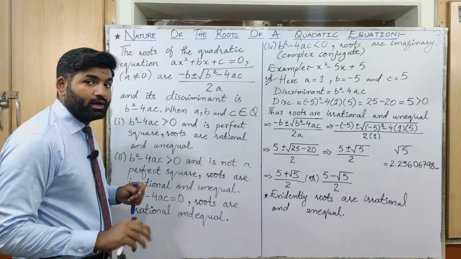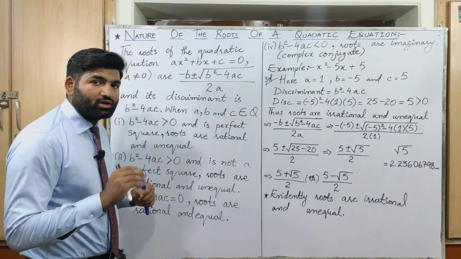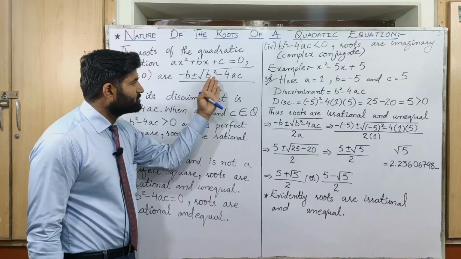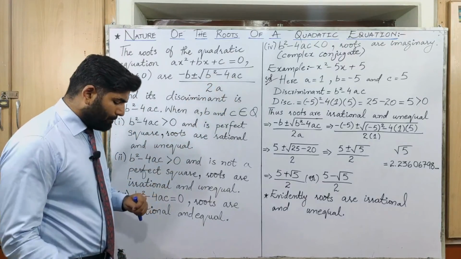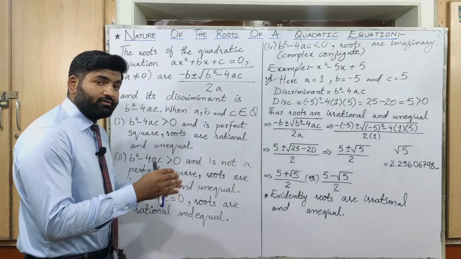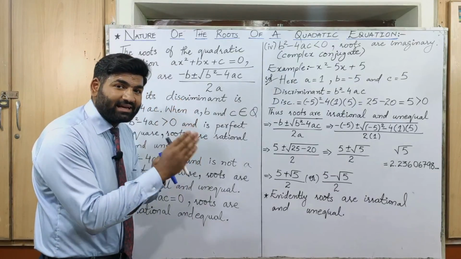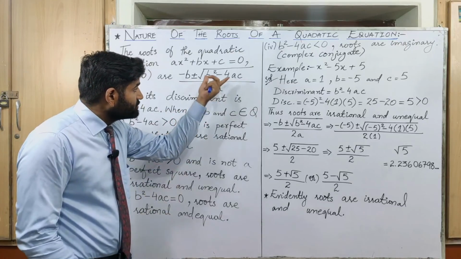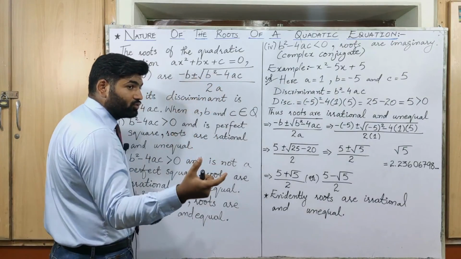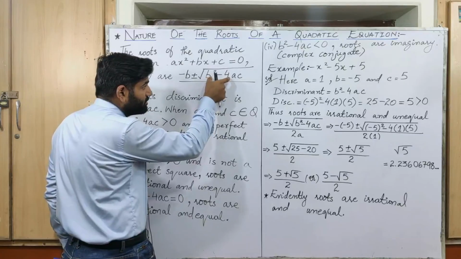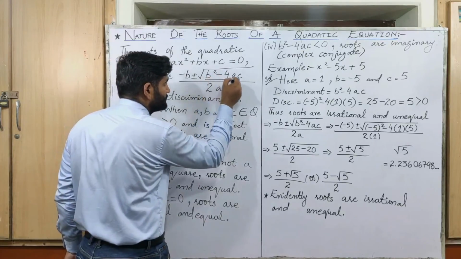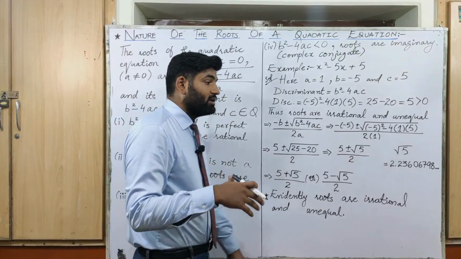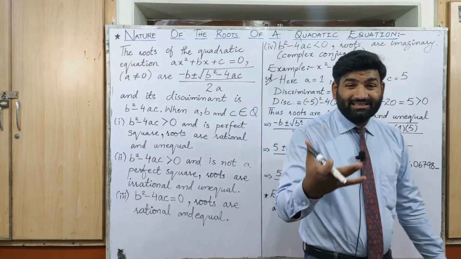If you remember, we find the roots of a quadratic equation using the quadratic formula, minus b plus minus under root b square minus 4ac, whole over 2a. But if you notice, whether a root is complex depends upon what we get under the square root. The nature of the roots will depend upon the result of this term, b square minus 4ac, whether it is greater than 0, equal to 0, or less than 0.